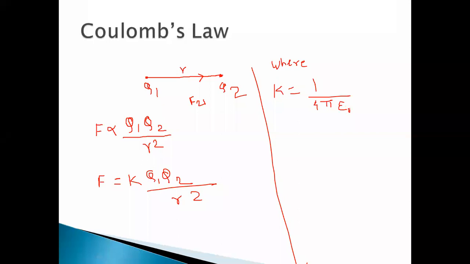This epsilon 0 is the permittivity of free space, or we can consider only epsilon here.